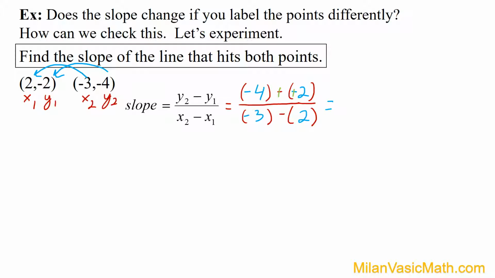So I have -4 plus 2. If I owe $4 and I pay back 2, I still owe $2. -3 minus 2 is -5. And a negative divided by negative is positive. So that's 2/5.